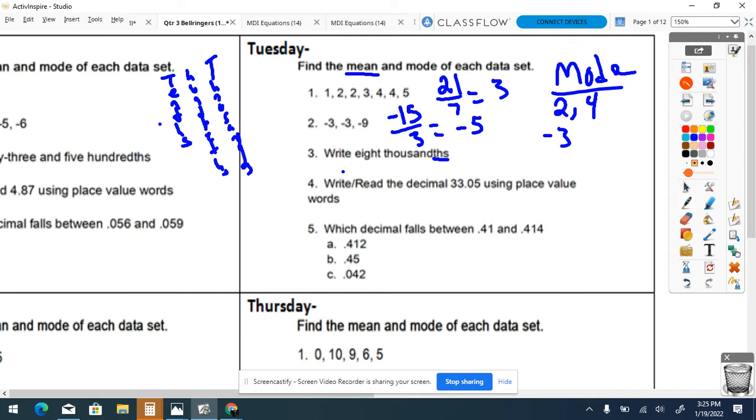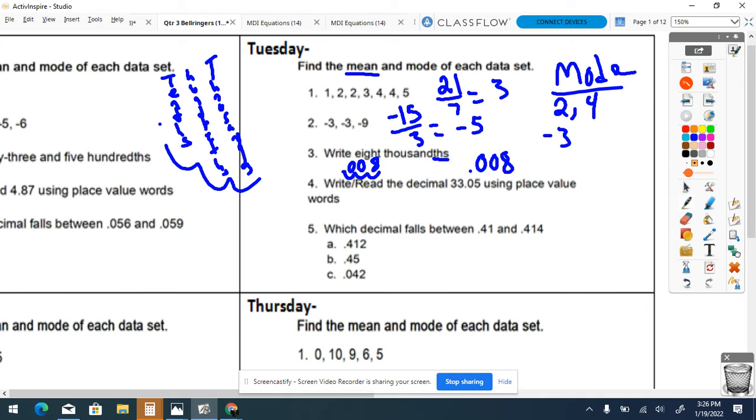So if you notice on thousandths, it's 1, 2, 3 decimal places away. So I start with my decimal, 1, 2, 3, and it says 8. It's only 8. So I want to put the number 8. So what do I fill in those empty spots? Correct. I want to put zeros in there. So my decimal is 0.008.